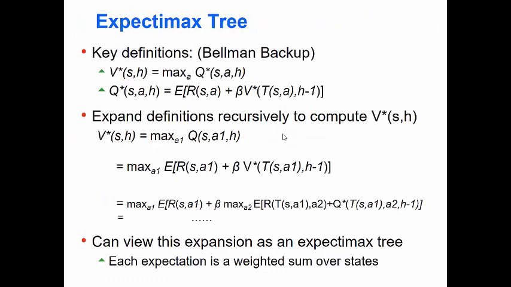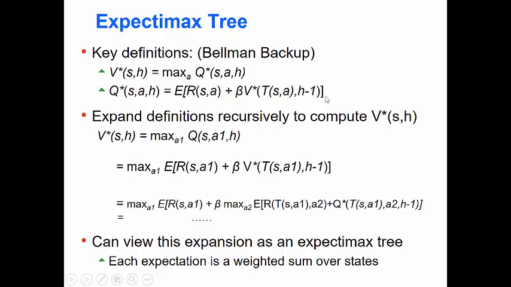So that's just to motivate what an expecting max tree search is doing. And so these are the recursive equations that I talked about. The recursive equations are for V star, which is in terms of the Q function, right? And the Q function is again defined in terms of V star at h minus 1, with h minus 1 steps to go.